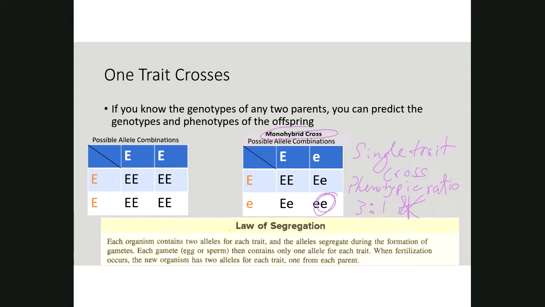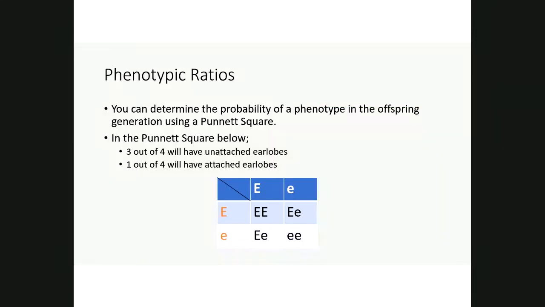Monohybrid crosses produce this type of phenotypic ratio. You can determine the probability of a phenotype in the offspring using a Punnett square, which is what we were doing before. So again, 3 out of 4 will be dominant, and only 1 will be recessive.